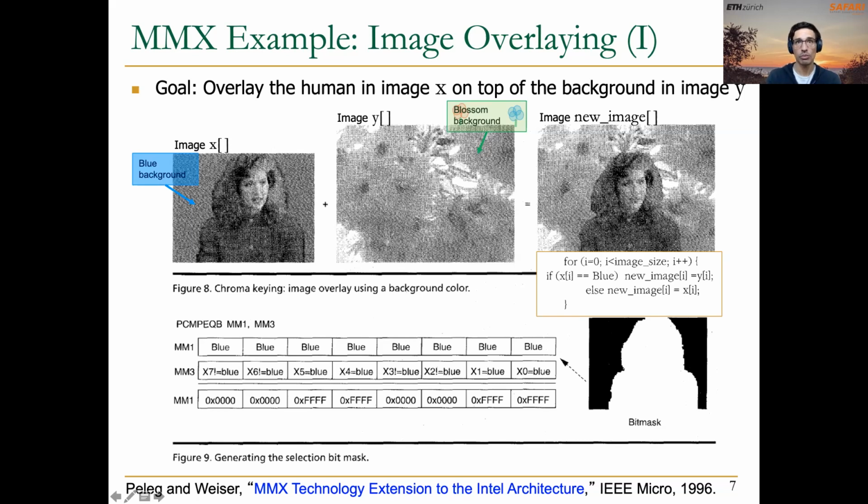What we do is comparing the pixels from the image X that are stored here in this register MM3, we compare them to register MM1 that has all elements equal to blue. So if one particular pixel in MM3 is blue, then in the output, we are going to have all ones. If it's not blue, we are going to have all zeros. And now let's see in the next slide how we use this bit mask.